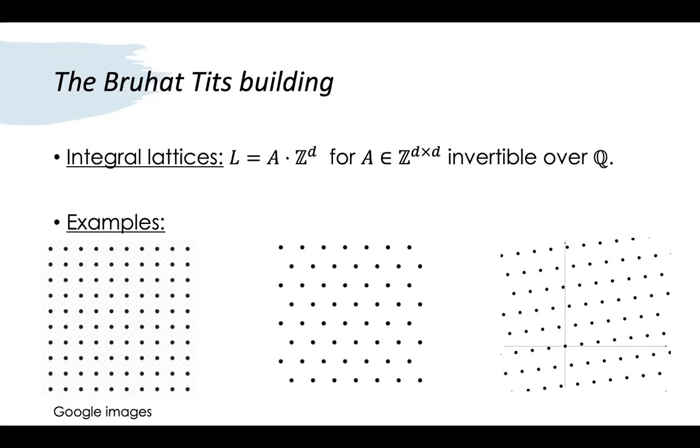So what is an integral lattice? An integral lattice is just a subset of Z^d of the form an integral matrix times Z^d, such that this integral matrix is invertible over Q.